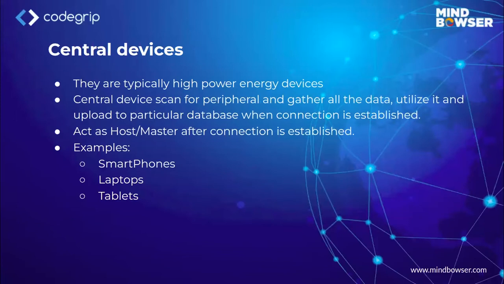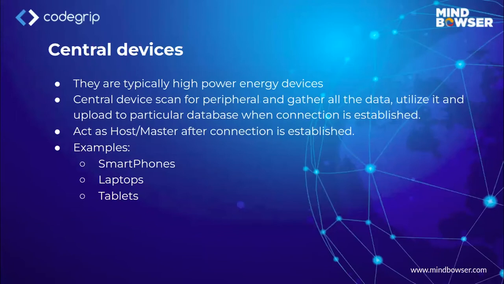Central devices scan for the peripheral devices, and they gather all the meaningful information from the peripheral devices, put logic into it and display it to the client side, meaning client mobile or laptops, and they also store the data wherever we have to store it, like in AWS or any kind of database, and we can mostly perform operations from here.